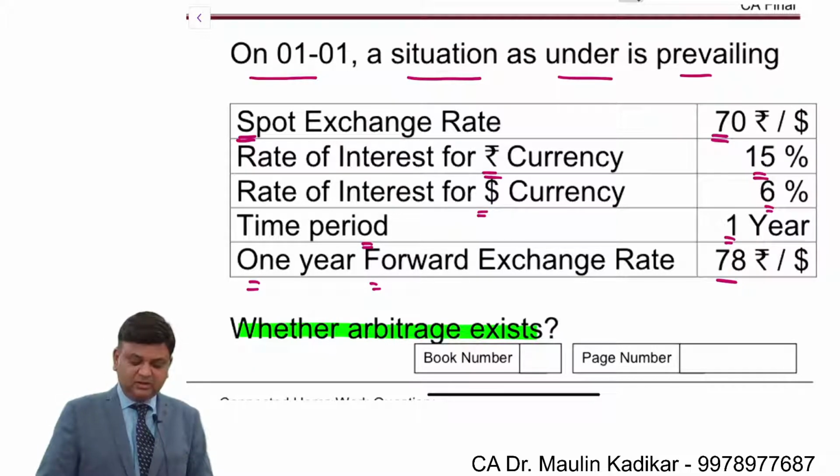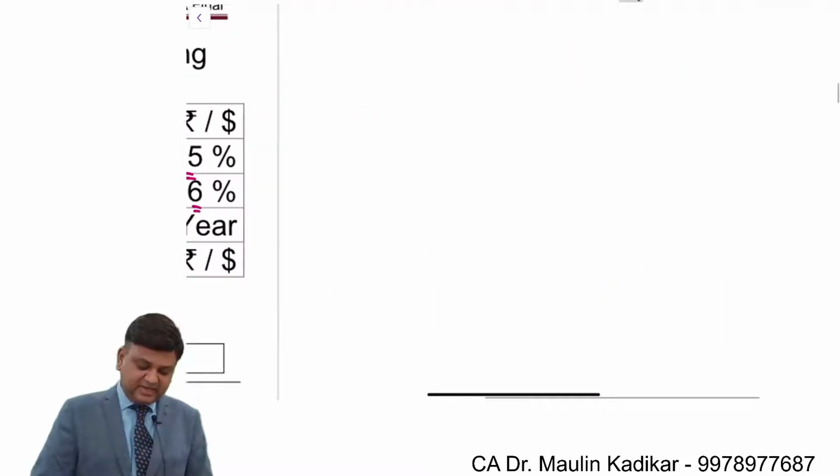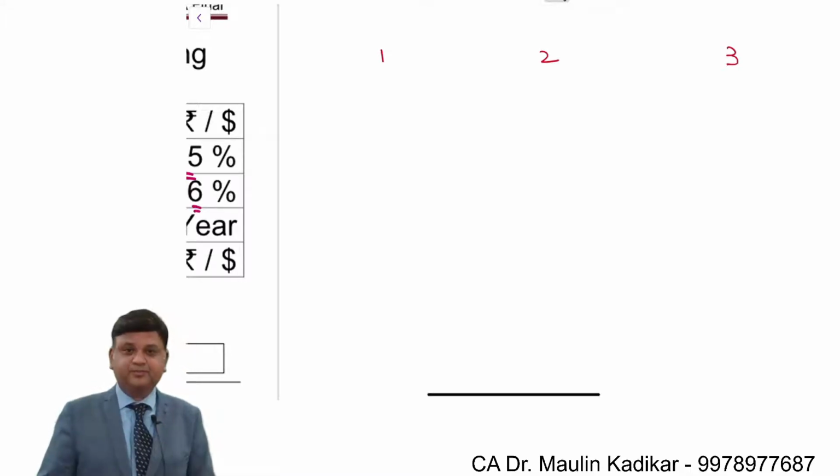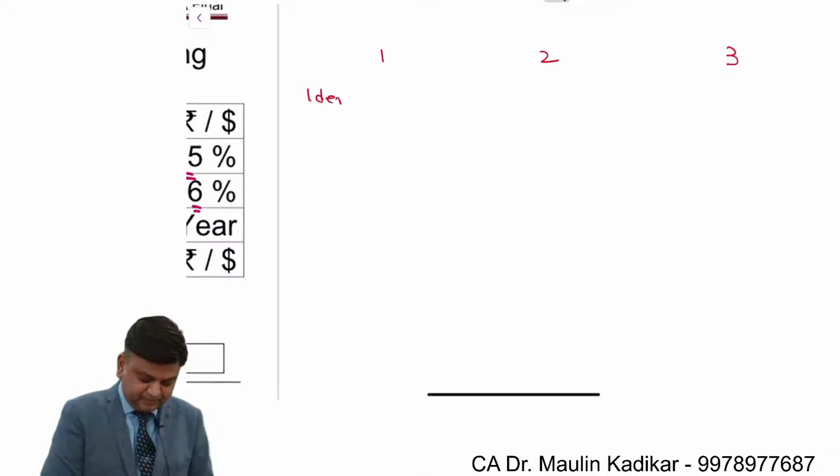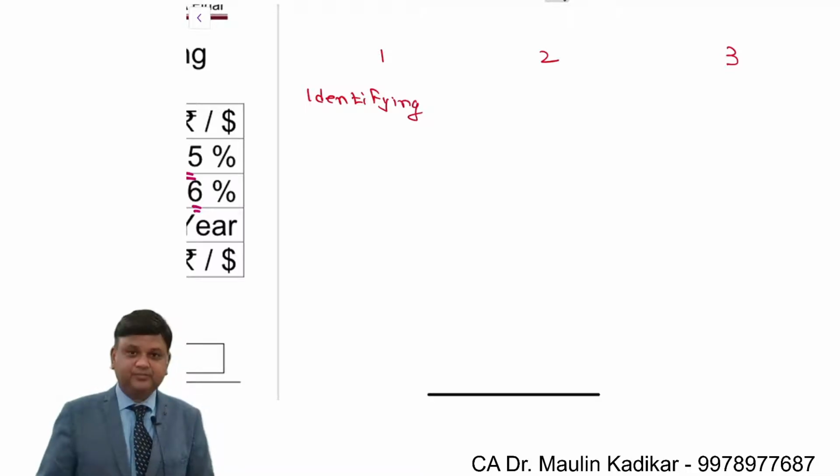Now friends, whenever we have been provided with this kind of information, as per the institute suggested answer, there are 3 steps in which we are required to answer. Step number 1 is identifying whether arbitrage exists or not. Second step, you have to decide which currency to be borrowed and in which currency investment should be made.